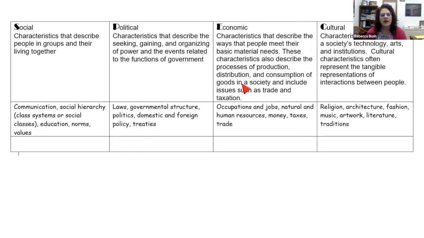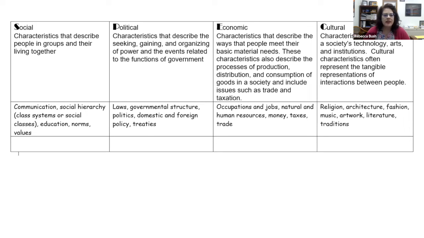So one of the strategies that I like to work with often when I'm working with students, particularly as it relates to either world history or US history, and also geography, is the strategy of SPEC.